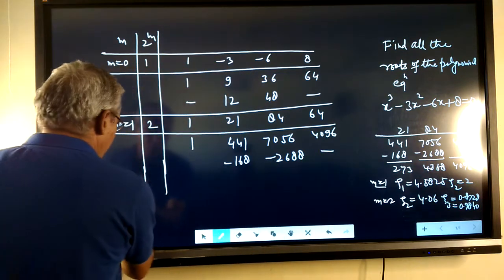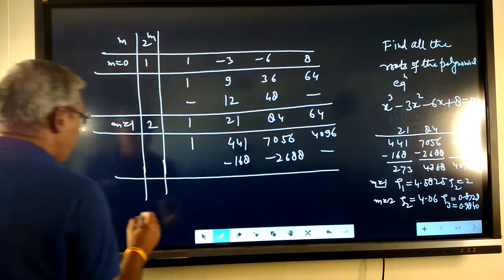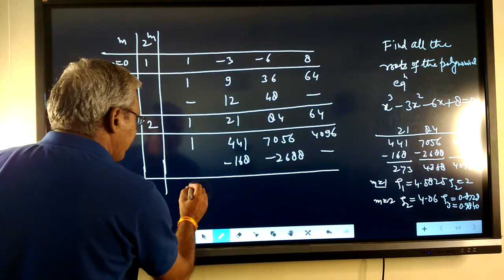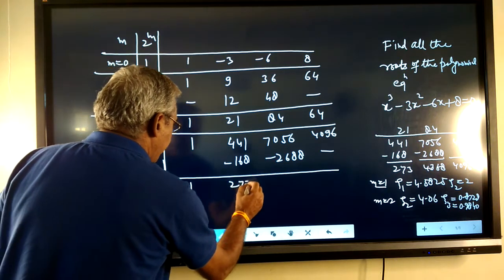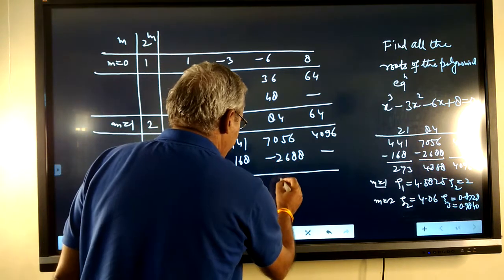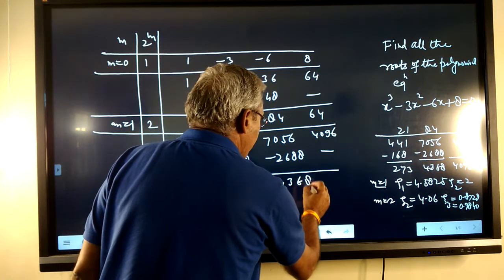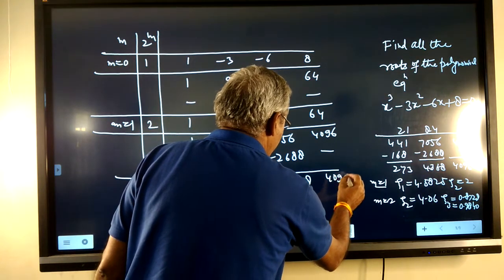So after two squarings, we have 1, 273, 4368, and 4096.